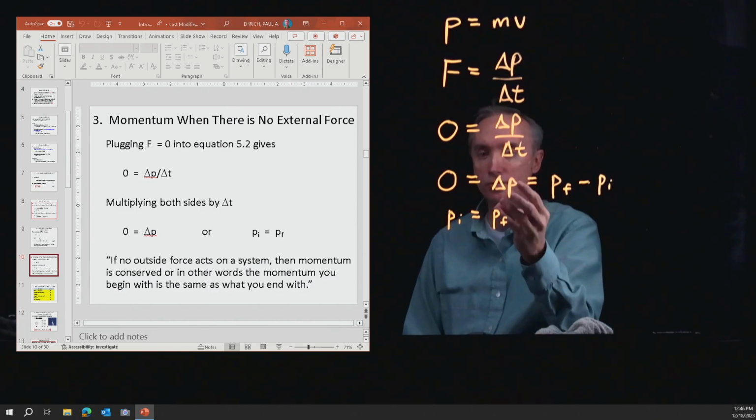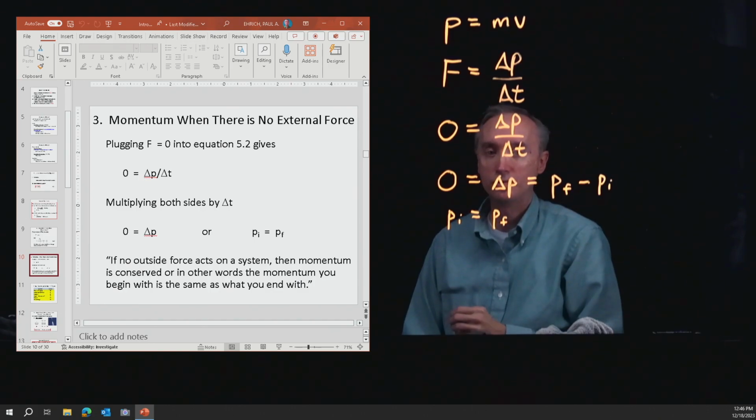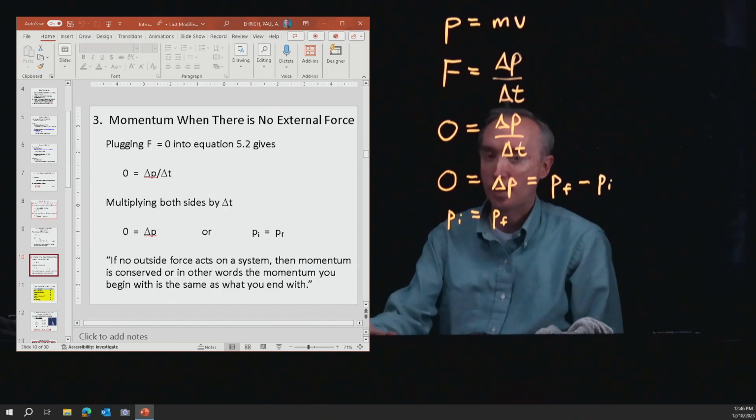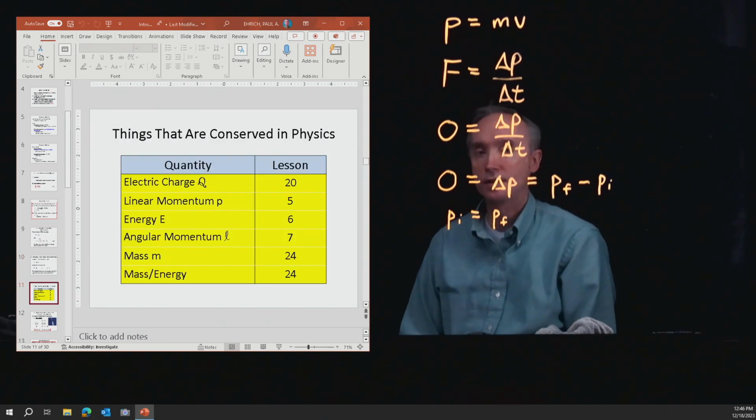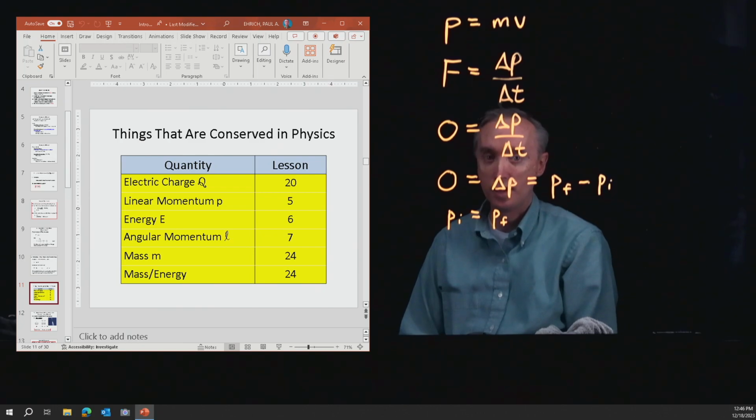And we're going to be able to use this principle to explain various kinds of systems. Okay, I do want to mention, though, that there are other things in physics that are conserved. If you've seen my episode, Lesson 20, on electricity and magnetism, you should also notice that electrical charge is conserved.